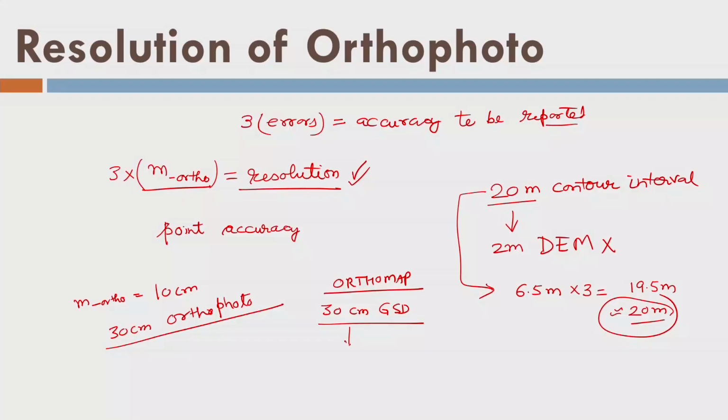You can use this ortho map of 30 centimeter GSD for feature identification on the ground surface, for example, facies of a glacier, or whether banks are vegetated or not. All this kind of stuff you can do, but don't make one mistake: collecting 5 centimeter information or 5 centimeter GCPs from this ortho map. This is an absolutely wrong idea.